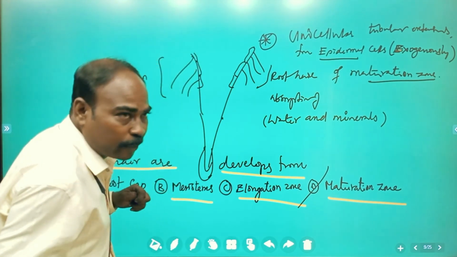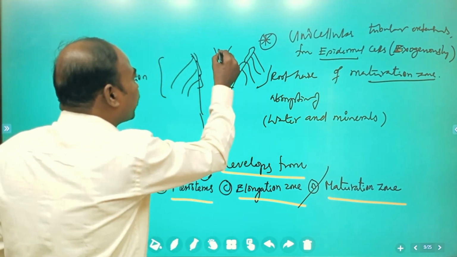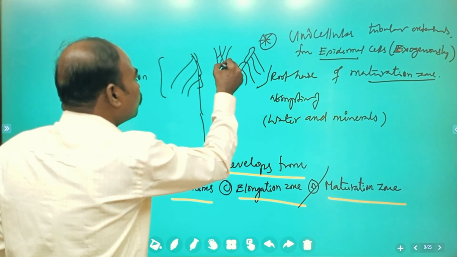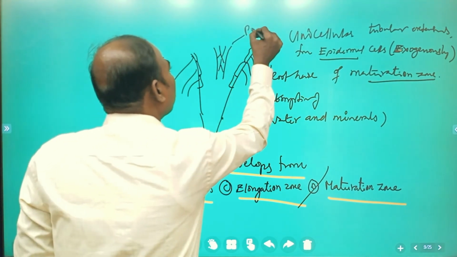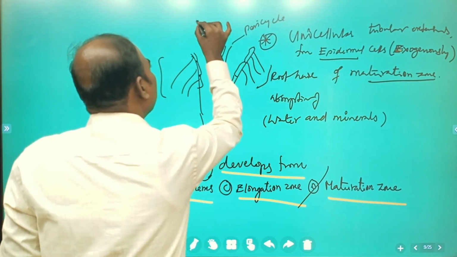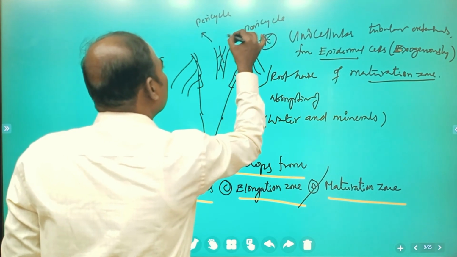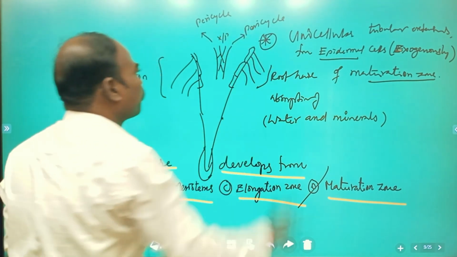Just carefully observe. From the innermost tissue, called pericycle, the pericycle is the innermost layer which covers the xylem and phloem.